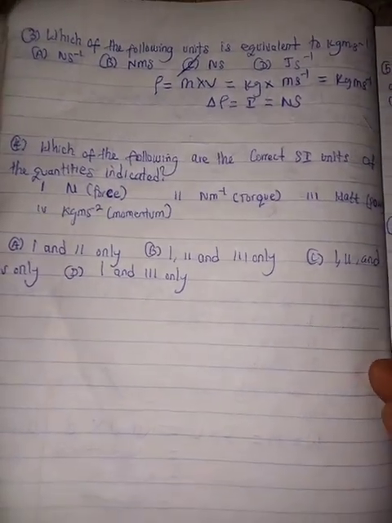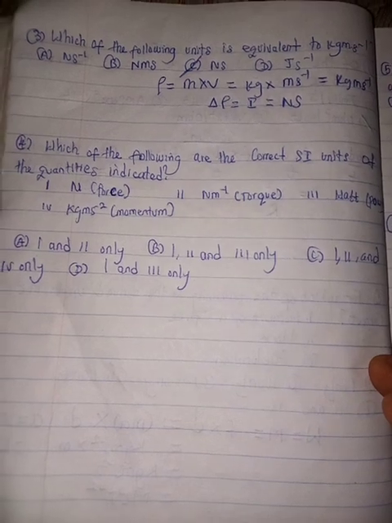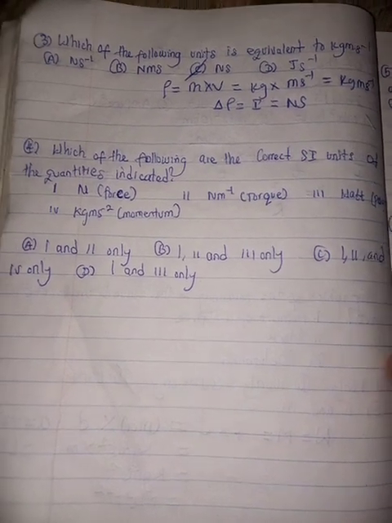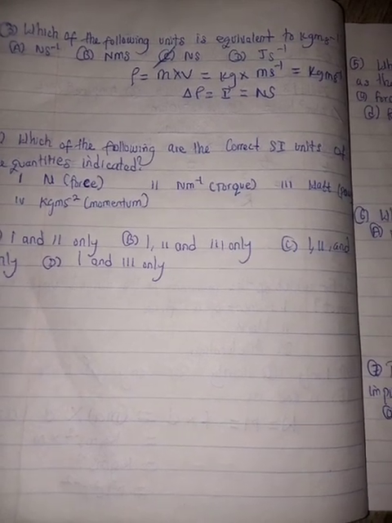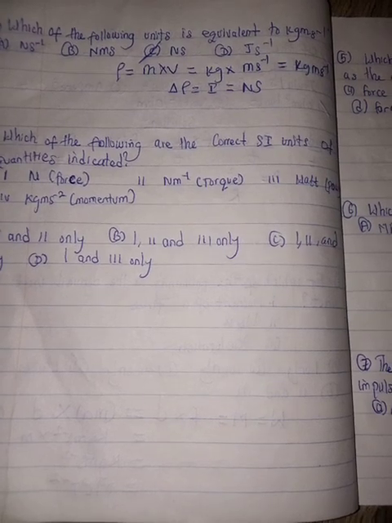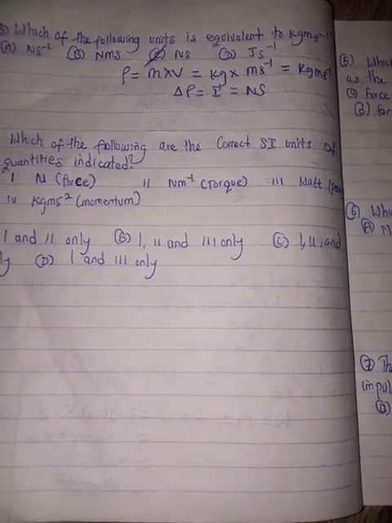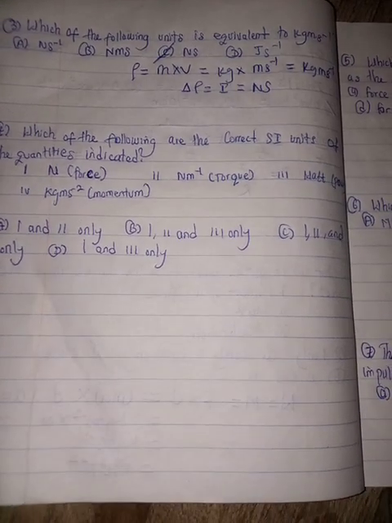Then the fourth question here is, which of the following are the correct SI units of the quantities indicated? I is force for N, then II is torque for Newton per meter, III is power for watt, then IV is momentum for kilogram meter per second square.